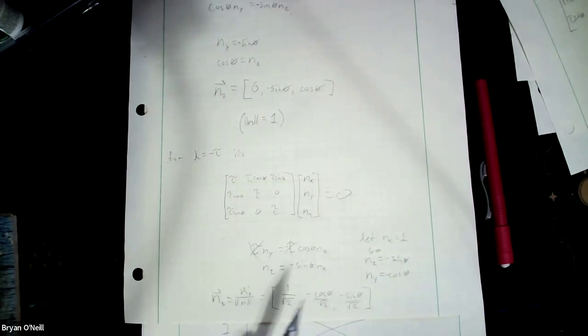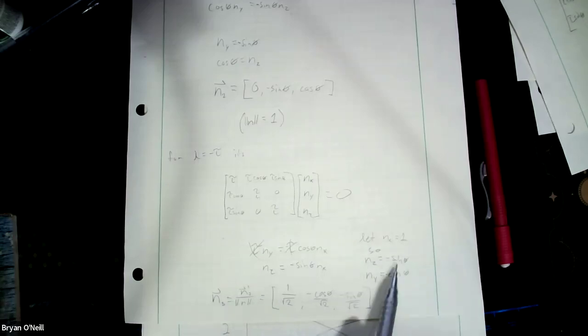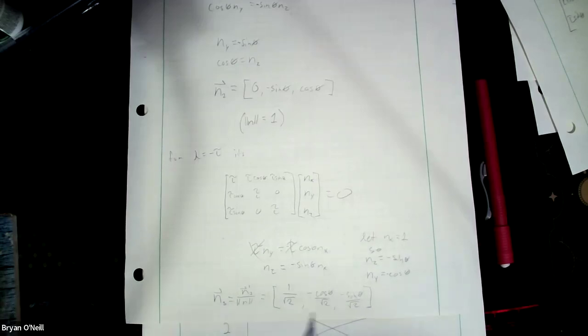And then we can find our eigenvector components, ny, nz, and nx. This time we actually do have to set nx equal to 1. So nz has to equal negative sine theta, and ny has to equal negative cosine theta. And we normalize it, and we get our final direction, which is 1 over square root of 2, negative cosine theta over square root of 2, and negative sine theta over square root of 2. And that is our final answer.